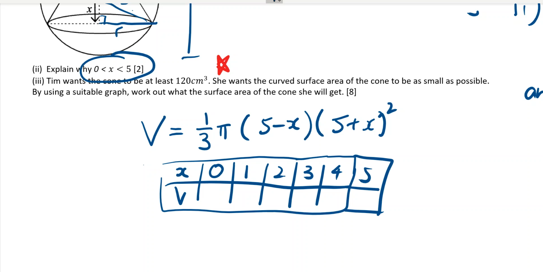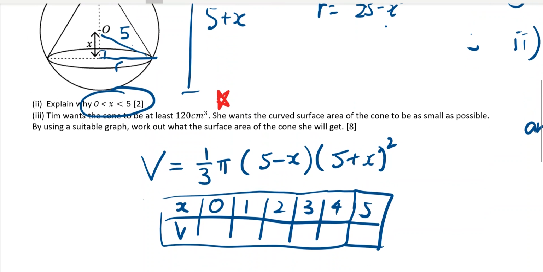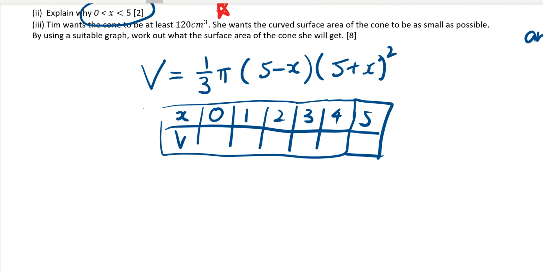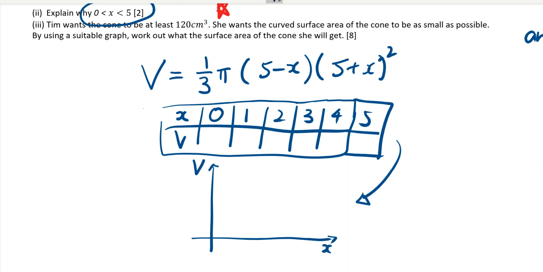Now we sub in x equals 0 into your calculator, x equals 1 into your calculator, x equals 2 into your calculator, x equals 3 into your calculator, and we plot the graph. What is the graph that we plot? V is always on your y-axis, x is always on your x-axis. This is how we tackle questions like this.